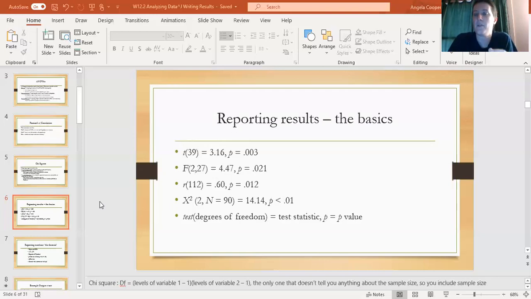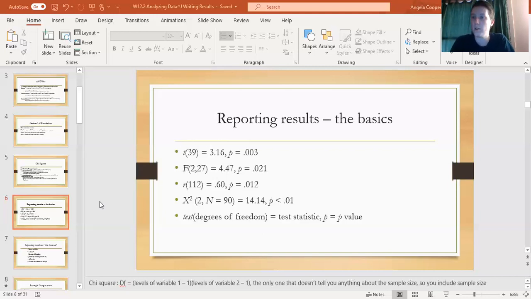So remember, just as a reminder, we typically set alpha at 0.05. That 0.05 is what we compare our p-value to. So if our p-value is less than 0.05, we would reject the null hypothesis. That means that we have statistical significance.